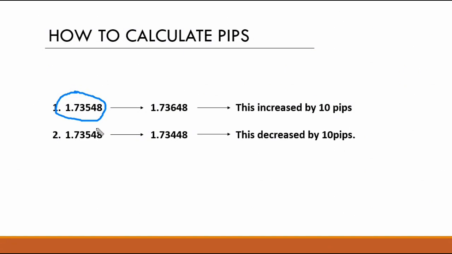Still with this current market price, if it decreases to this number, 73448, it means the market price decreased by 10 pips. I'm not sure if you understand. From here, the price increased to this market price here, and then it increased by 10 pips.